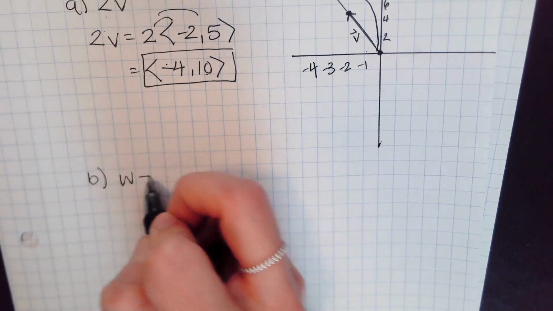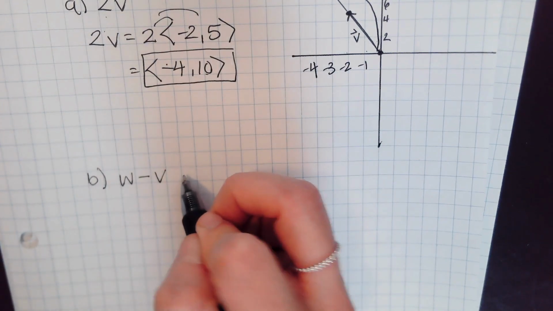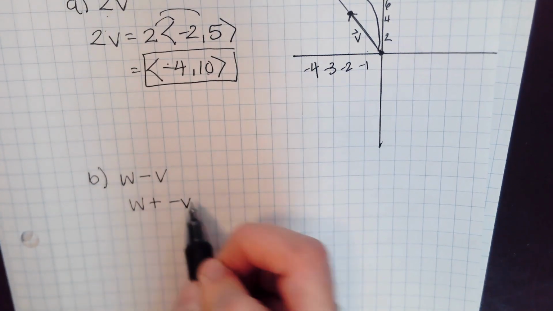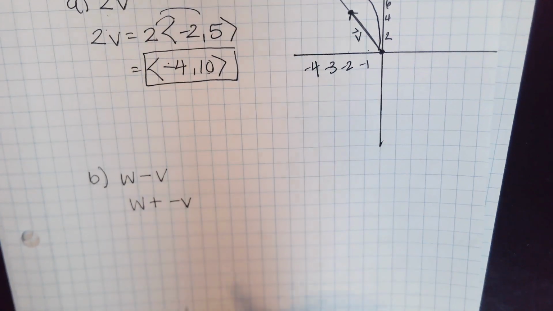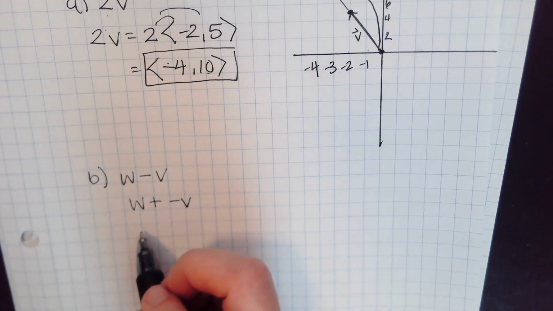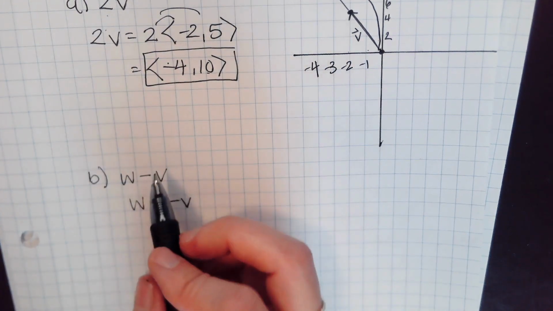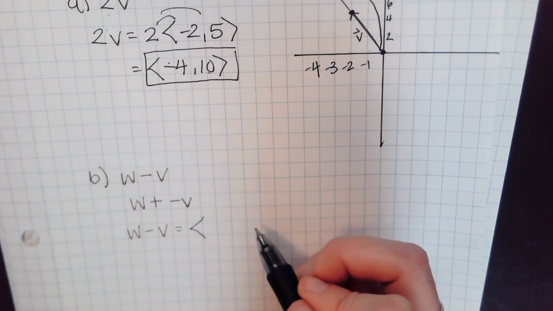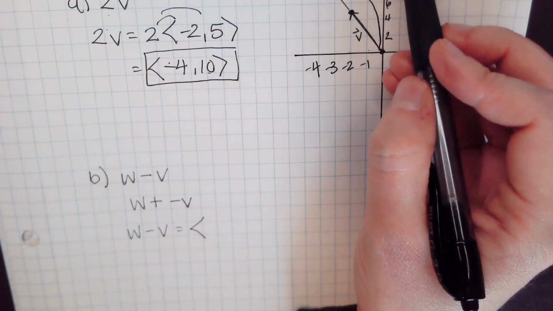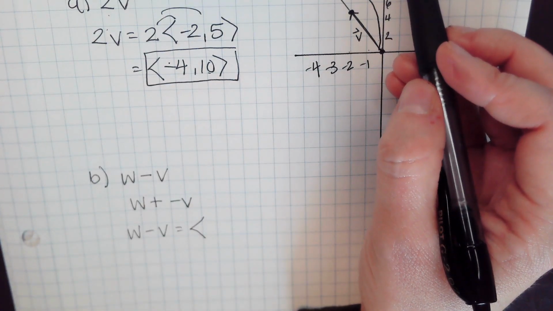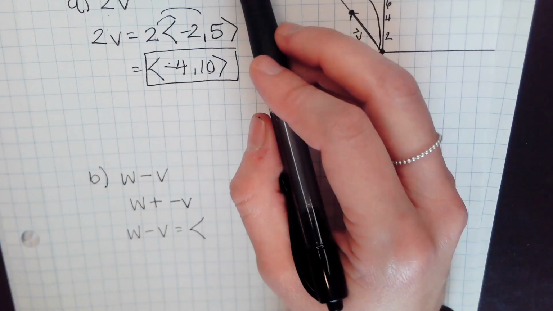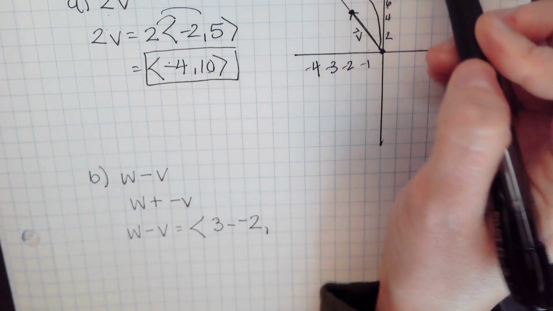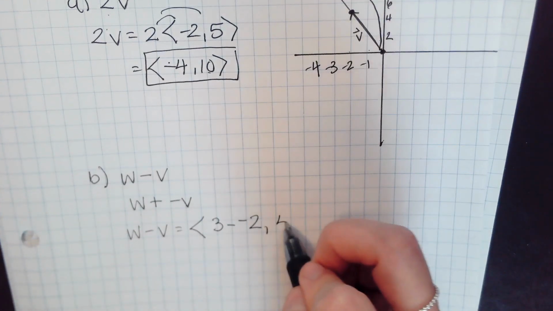And let's look at some addition, subtraction. So w minus v. So first of all, I could rewrite that as w plus -v. So it's addition. Or you could leave it as w minus v. And let's just go ahead and combine those. So our w is 3, 4 and our v is -2, 5, so we'd have 3 minus -2, and 4 minus 5.